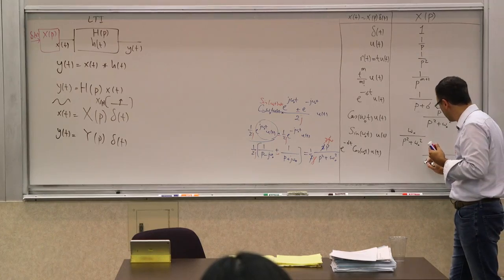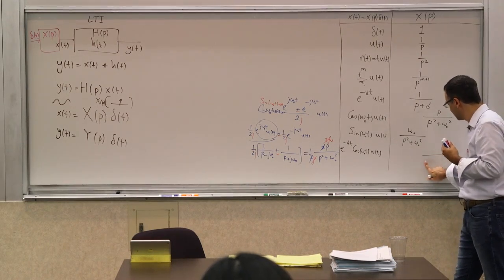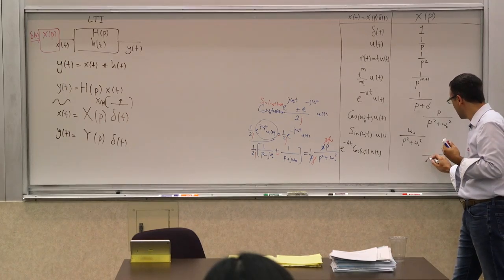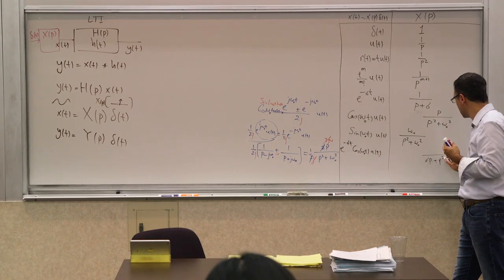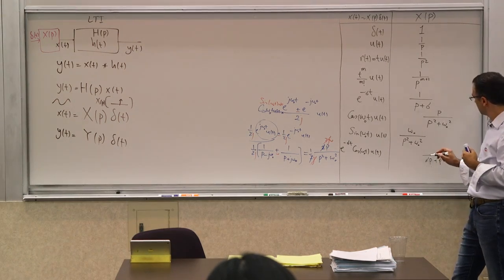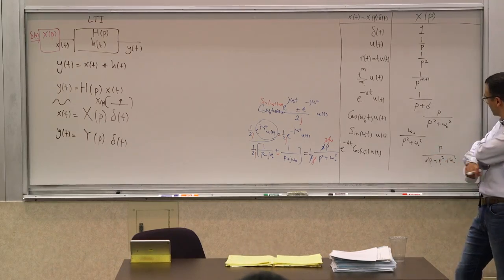Maybe. Sigma p plus, or sigma plus p? Oh, sigma times p plus p squared plus omega naught squared. Okay, and what do we have in the numerator? P. Okay, so let's see.